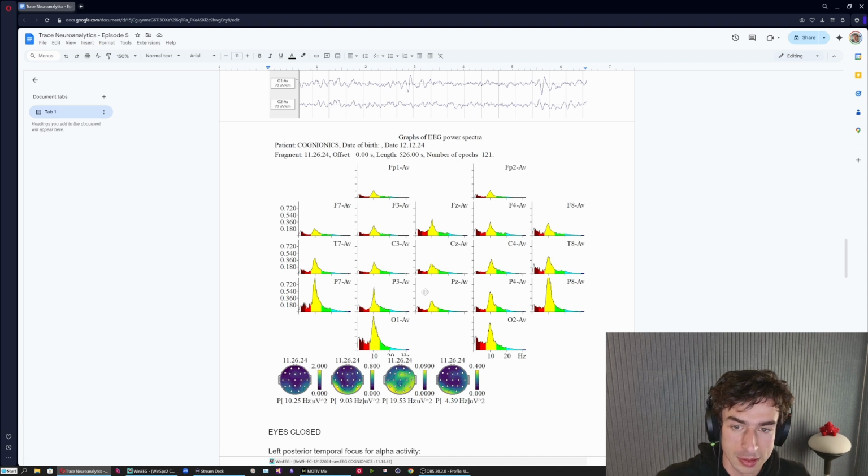So, classically, sleep onset difficulty is associated with beta activity at CZ, and we do see a decent amount of beta activity. So it's possible that inhibiting that activity with neurofeedback, oftentimes, you would incorporate that in an SMR type training at CZ.